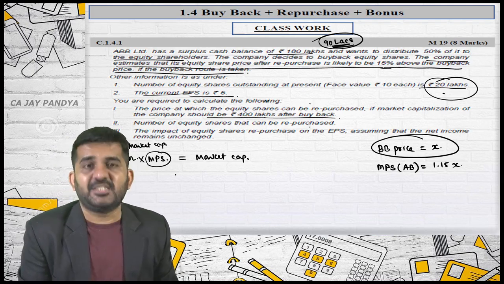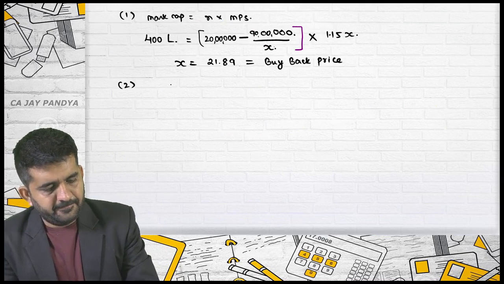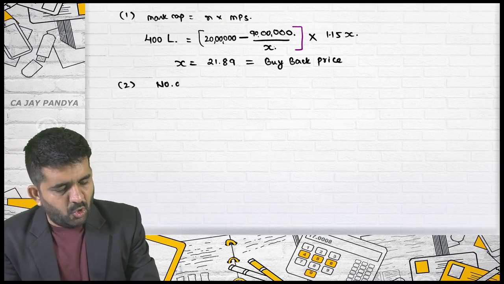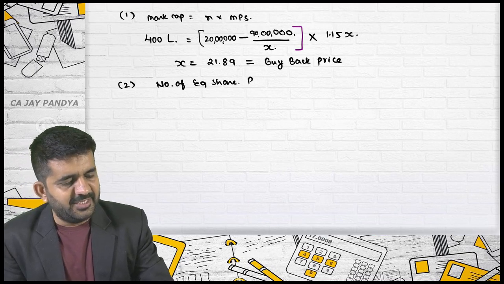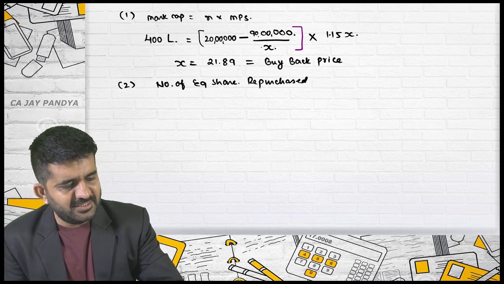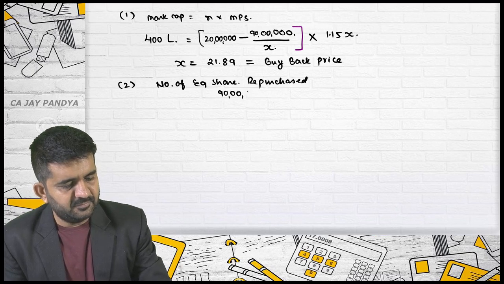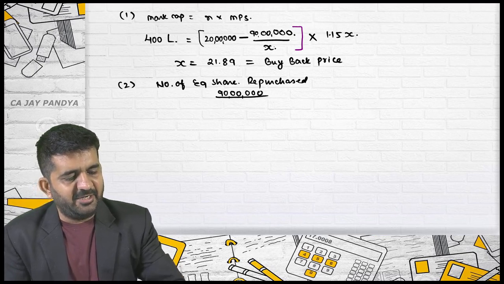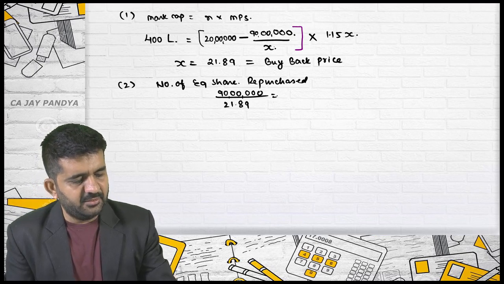Number 2. Number of equity shares that can be repurchased is this 90 lakhs divided by X, and now the answer for X I know, 21.89.